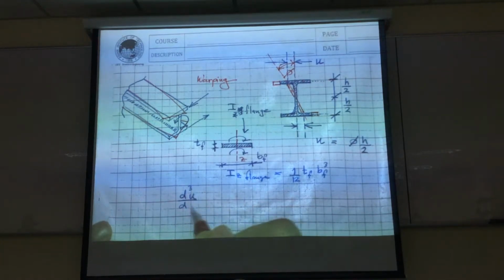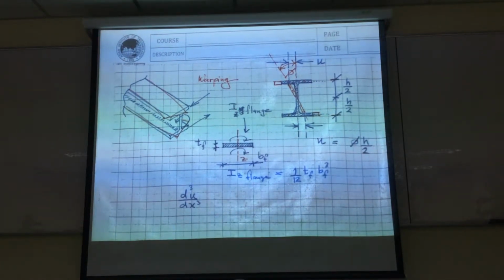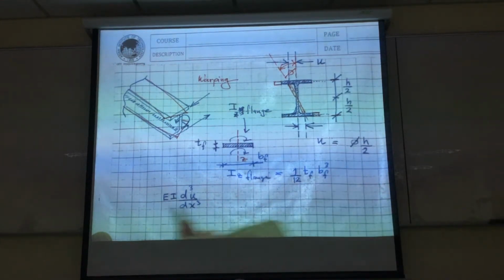Then d^3u/dx^3. Okay, so it is consistent. This is the shear, not yet, right? To make it shear, it must be the EI. But this is the IC flange.